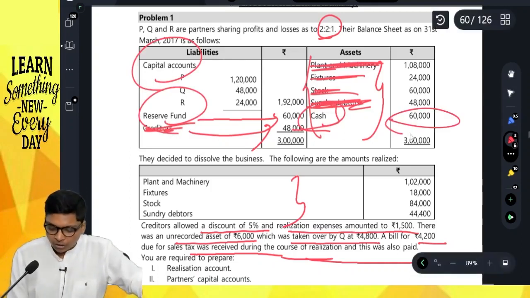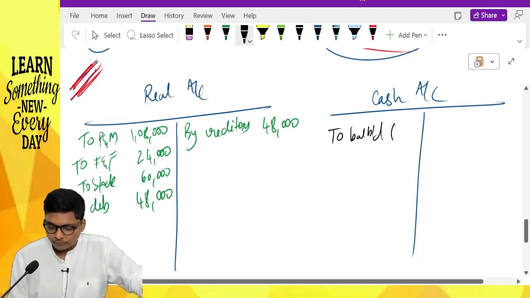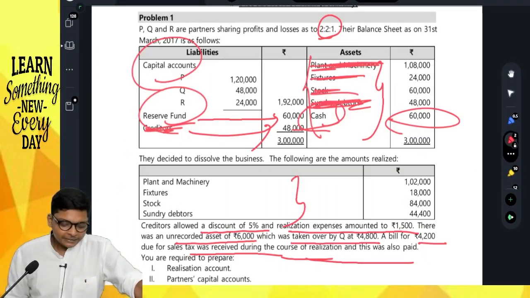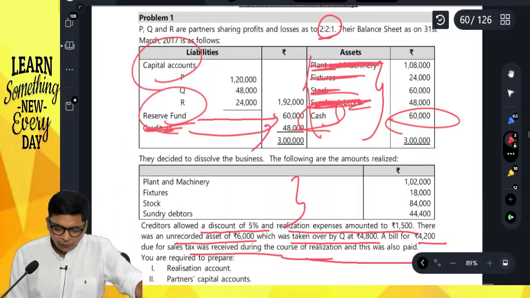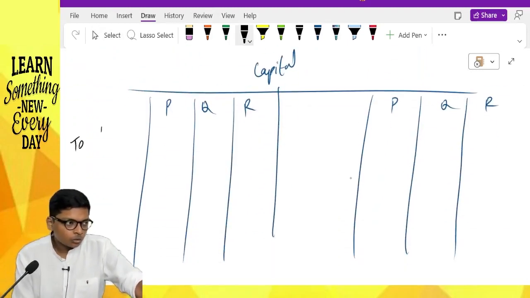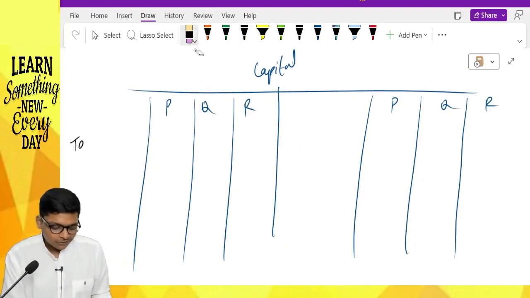So cash account, write opening balance. Those who wrote, good job. By balance brought down how much? 60,000. Are you all able to follow, guys? Similarly, capital account 1,20,000, 48,000, 24,000. Checking if you're all awake on the side, okay.